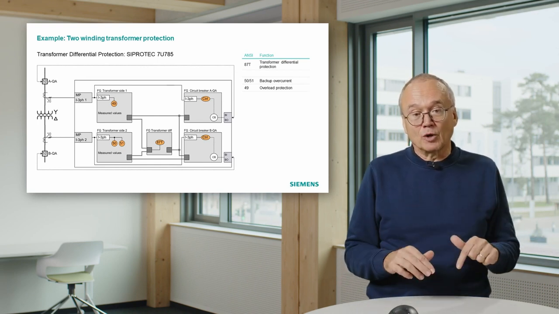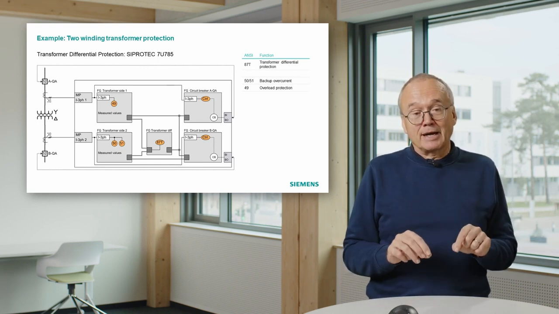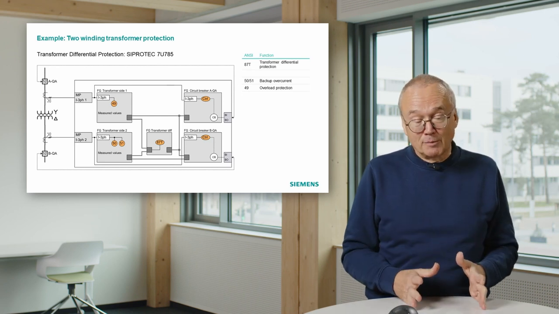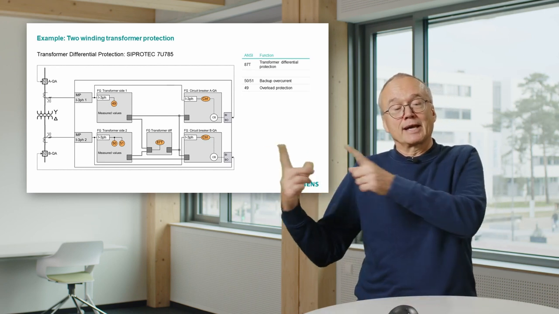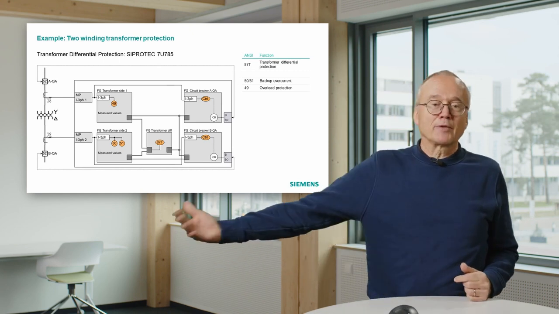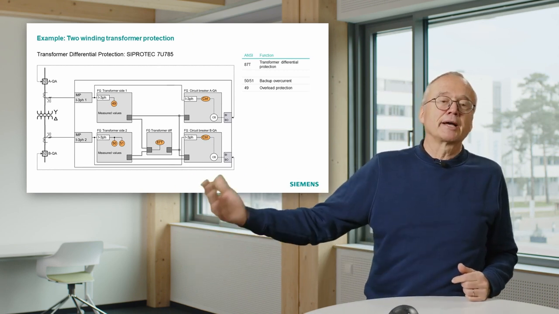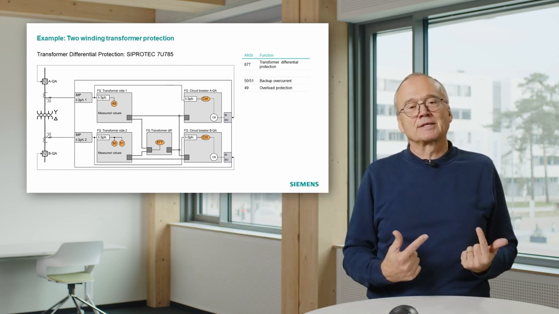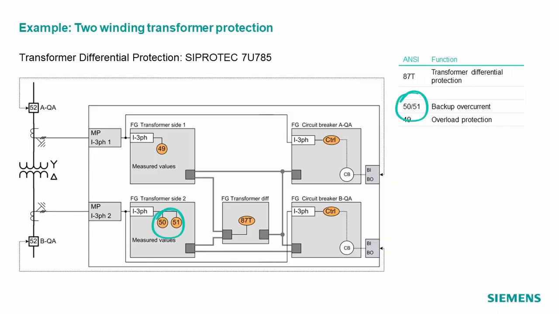That means if we want to have a backup protection in a transformer protection relay, which reacts if there is a fault on the next line where the protection fails, we must install separate functions for that, and in this case that is the backup overcurrent, 50 and 51.